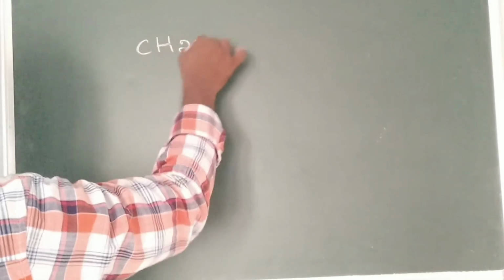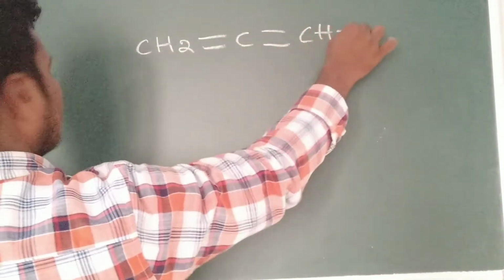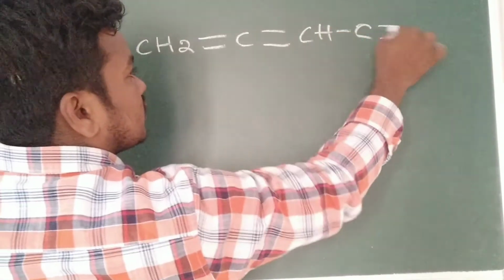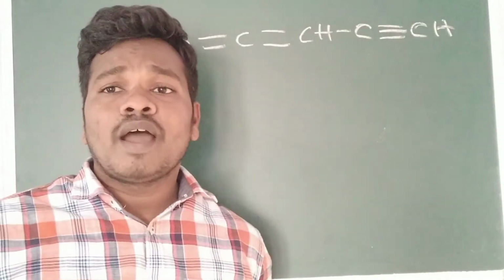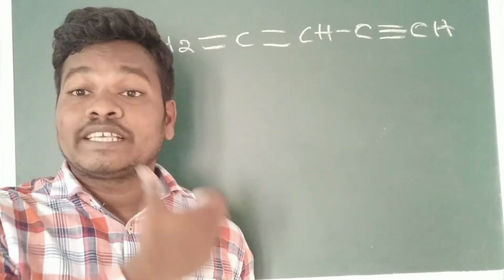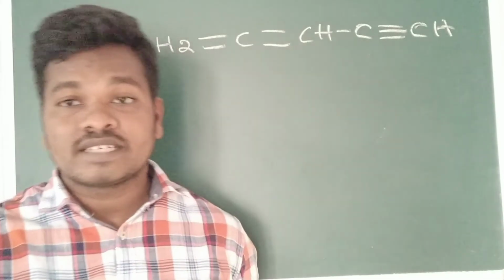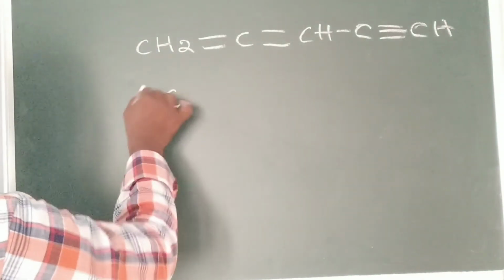Now you can see a few examples where we can easily calculate the sigma and pi bonds. CH2=CH-C≡CH. In the given molecule, calculate how many sigma and how many pi bonds are present. It is better to write the expanded structure, then we can easily understand the sigma and pi bonds.